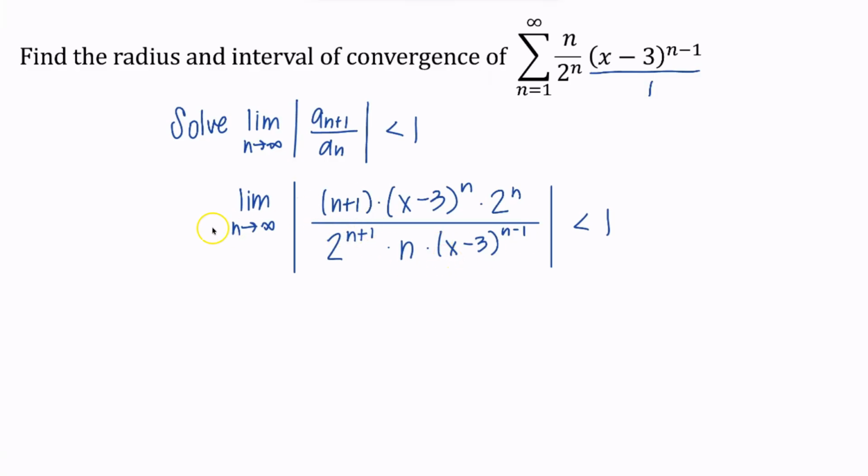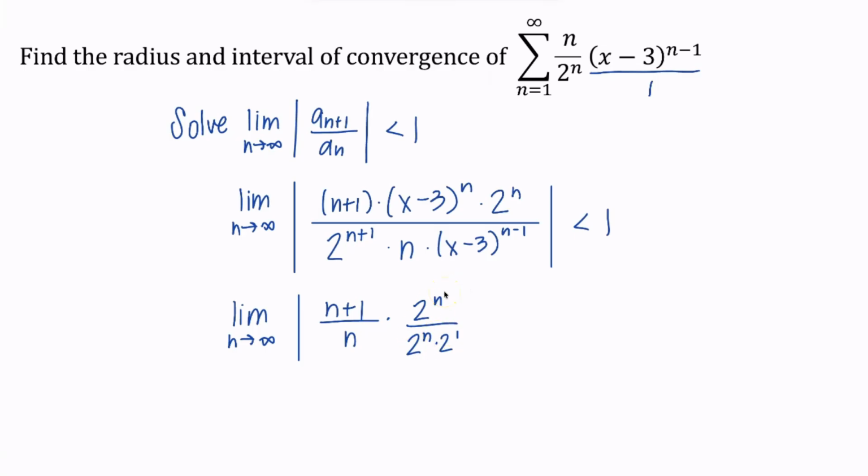Let's do some rearranging here to see a bit more of the simplification. I'm going to put n plus 1 above n, keeping those similar polynomials next to each other. So n plus 1 over n times 2 to the n on top and 2 to the n plus 1 on the bottom. I'm going to write this as 2 to the n on the top, and 2 to the n times 2 to the 1 on the bottom.